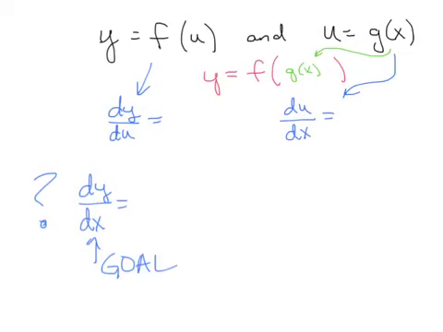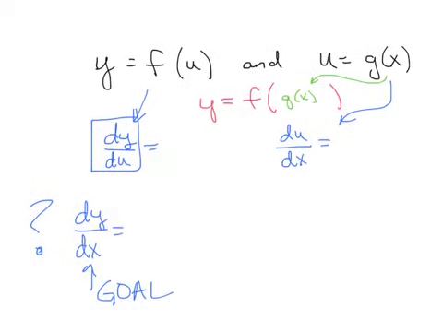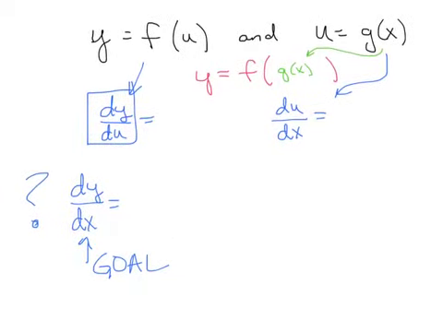We're going to take the derivative of y with respect to u. So you take the function f and take its derivative where you think of that inside function as the variable. Then you take that inside function and find its derivative with respect to x. Our goal is to get the derivative of y with respect to x.